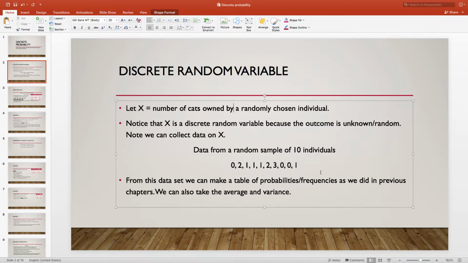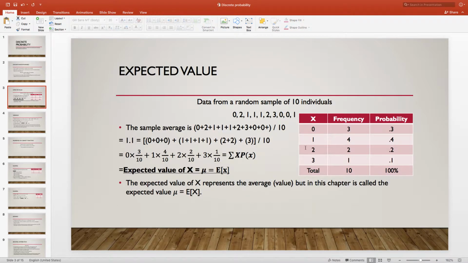Now I can organize this data that's collected into a table. Here's the outcome of X, and here's my data again. The outcomes of X were 0, 1, 2, and 3. 0 occurred with a frequency of 3 times, 1 occurred 4 times, 2 occurred twice, and 3 occurred once.